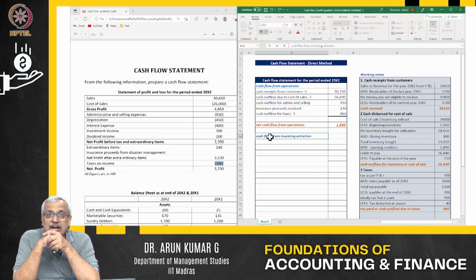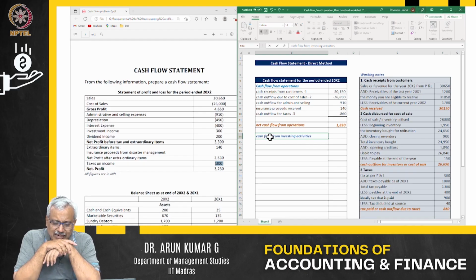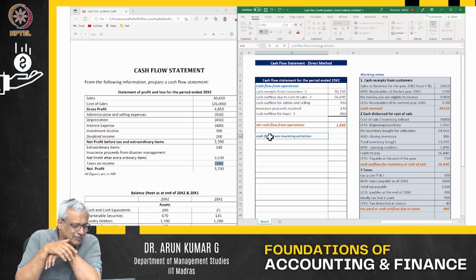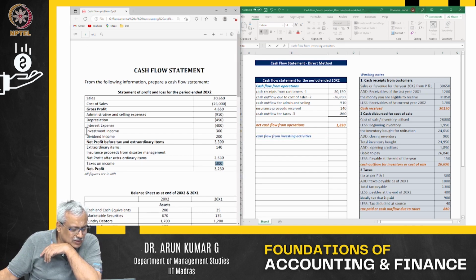That is, I have invested money that is giving me return, whatever it is, or I am investing money, cash outflow, cash inflow, whatever it is. Let us look at it. Now, for cash flow from investing activities, let me again go back to the P&L. I see that I have received two kinds of income, investment income and dividend income.